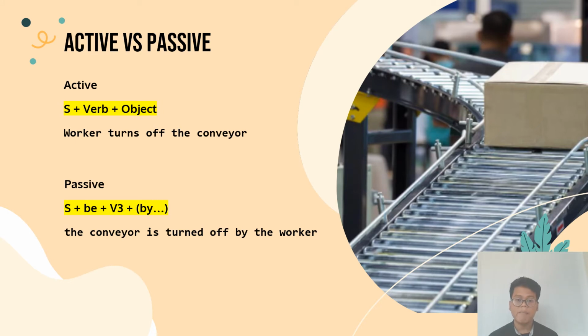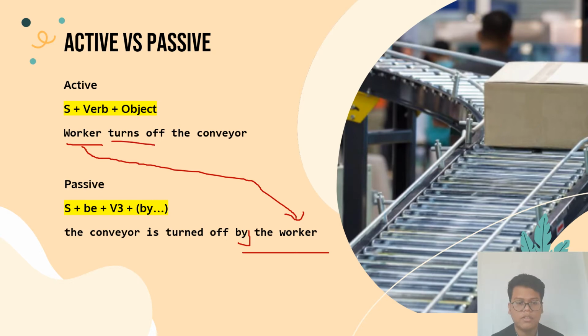Now the second example for passive voice for present tense. Worker turns off the conveyor. We must change this active voice to passive voice. Worker must be at the back of the sentence, I mean, in the passive we must add by the worker. Now, turns off.